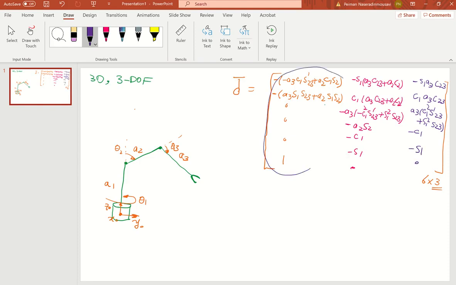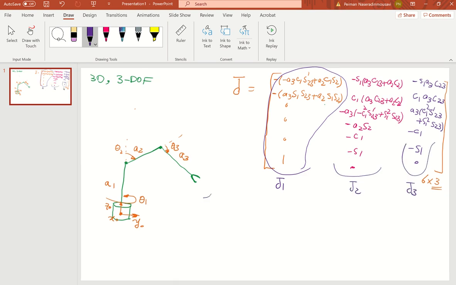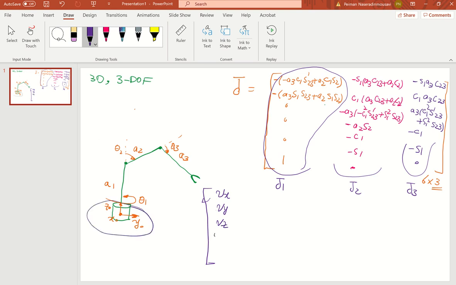Remember, this was J1, this was J2, and this was J3 that we calculated, right? At the end of the day, I told you this relates the translational velocity of the end effector Vx, Vy, Vz in the base coordinate system, and the omega x, omega y, and omega z, which you can obtain from J multiplied by the joints' angular velocities, theta dot 1, theta dot 2, theta dot 3.